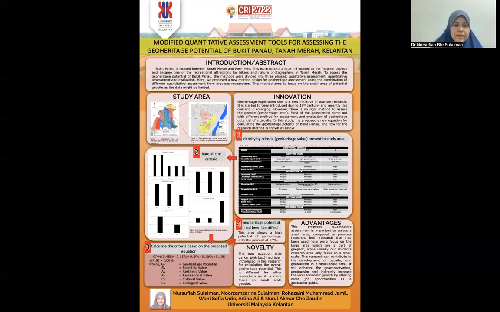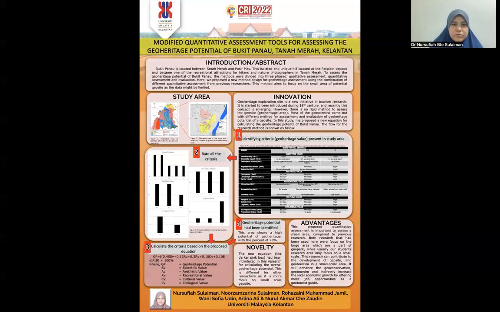So by that, we can get the percentage of the geoheritage potential that occurs in a certain area, but in this case, it is Bukit Panau. So as the result from this study area, the geoheritage potential is high.